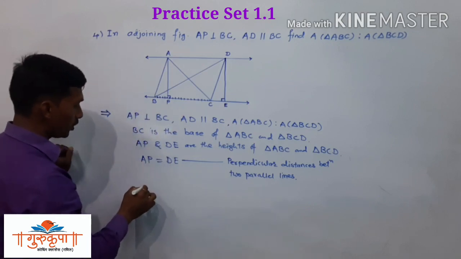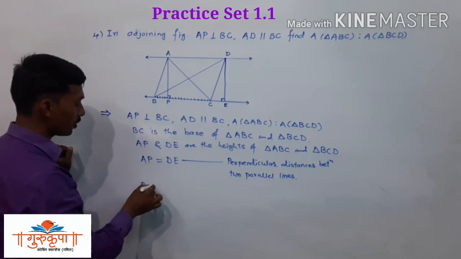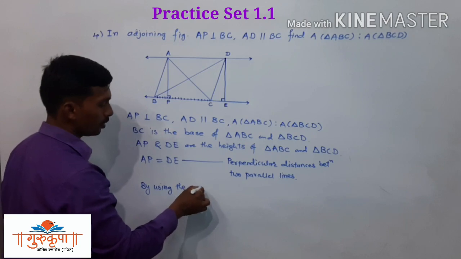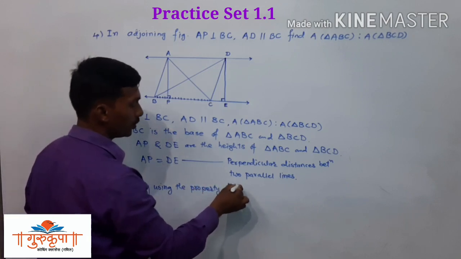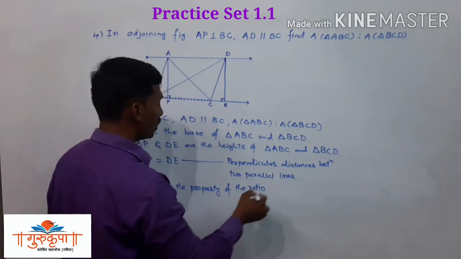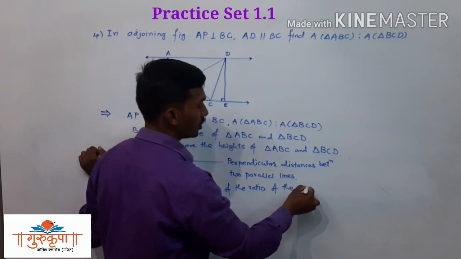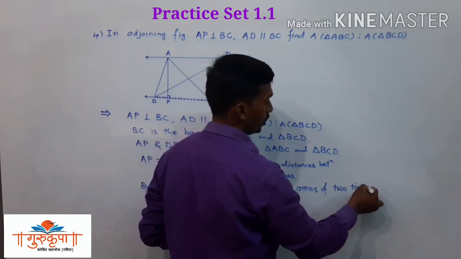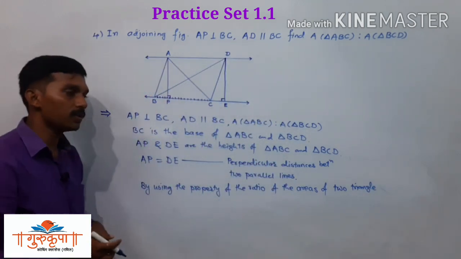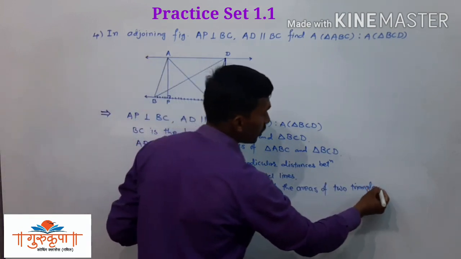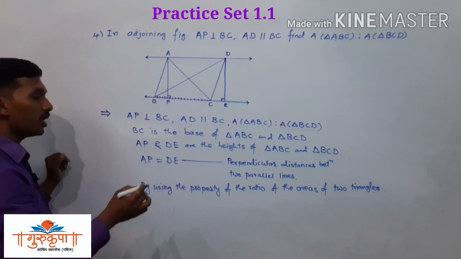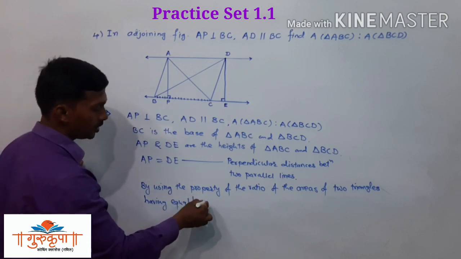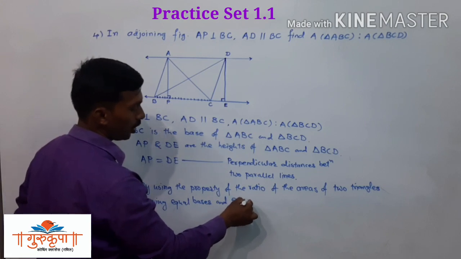Here you can write, by using the property of the ratio of the areas of two triangles having equal bases and equal heights.